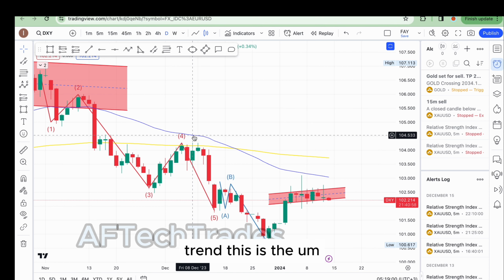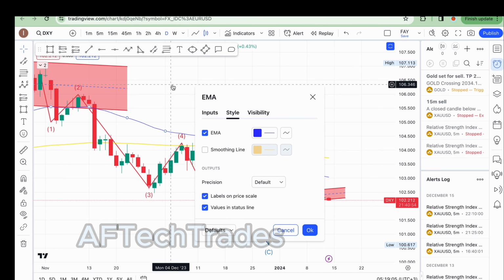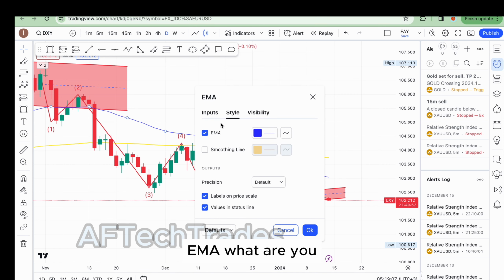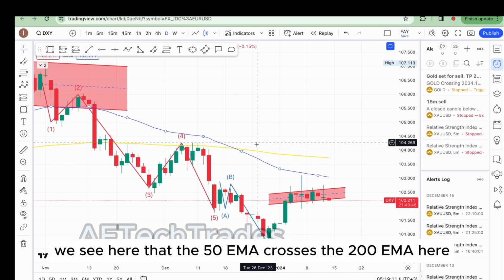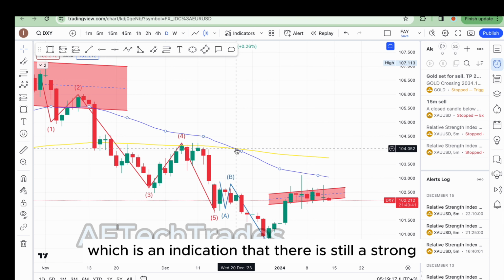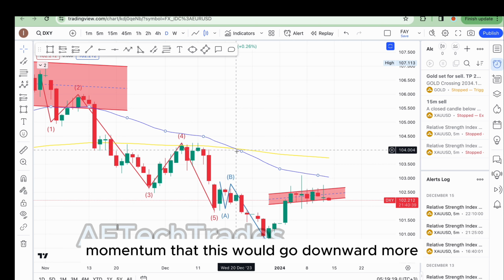I marked this 50, right? Okay, this is the 50 EMA. We see here that the 50 EMA crosses the 200 EMA here, which is an indication that there is still strong momentum that this would go downward more.